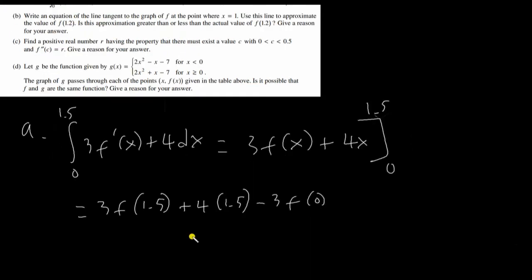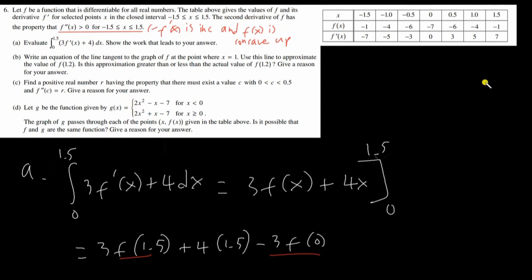So now that I have this, notice that I still have my f of 1.5 and my f of 0 here. I don't know how to figure those out. Well, that's why they gave us this table here, right? If we want to know a certain x value, we can just look in the table and we'll figure out f of x and f prime of x. So we have f of 1.5.